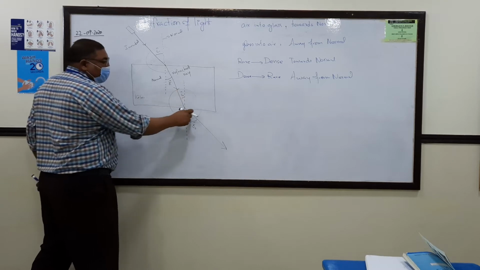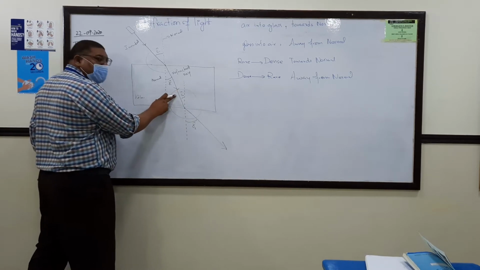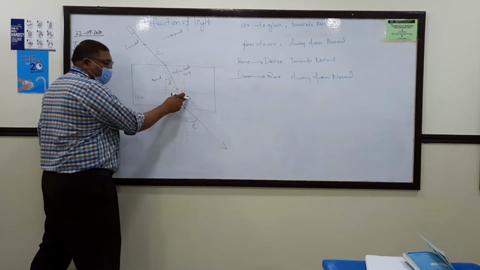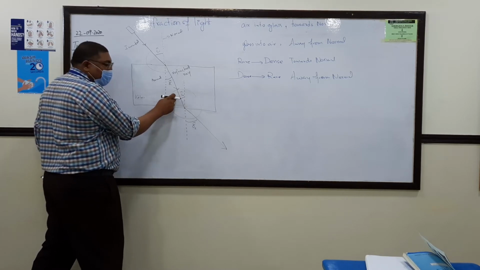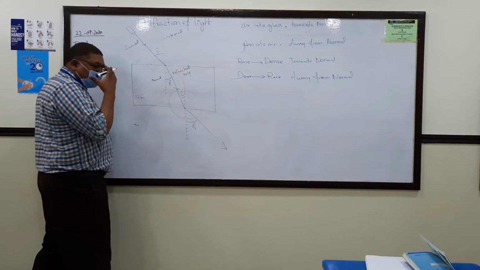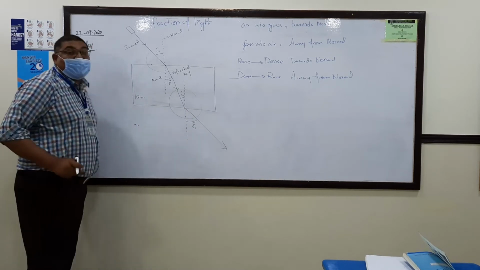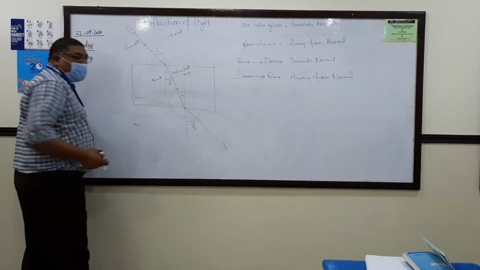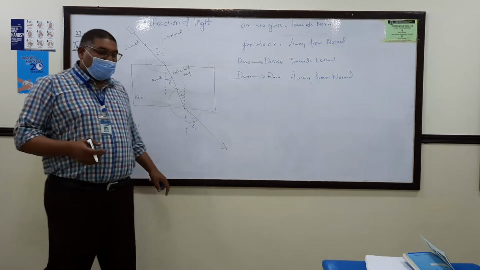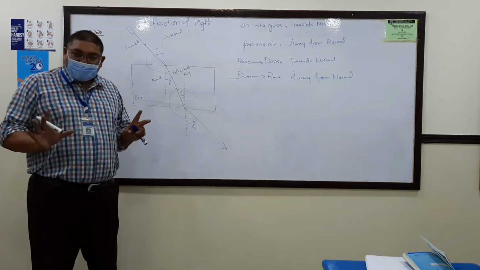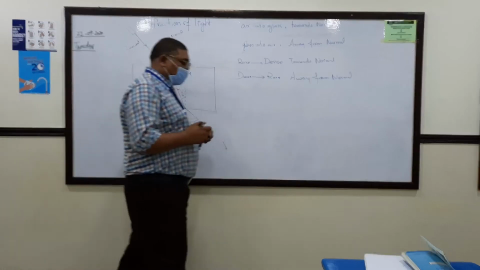If you just consider this portion, then this will be your incident ray, and this is your normal. Then the angle between these two is the angle of incidence. This is your refracted ray. This is your normal. The angle between the refracted ray and the normal is called the angle of refraction. You understand this thing? Okay.